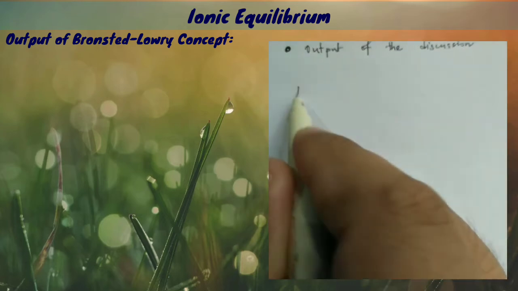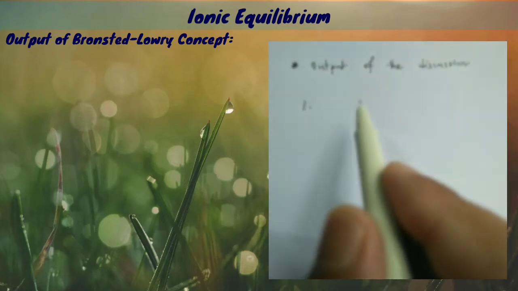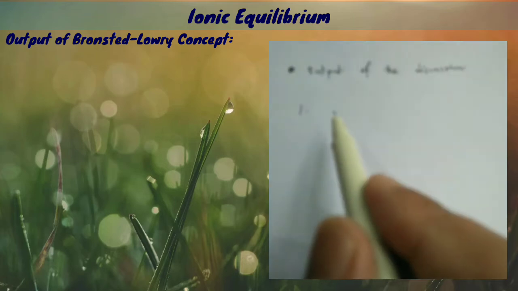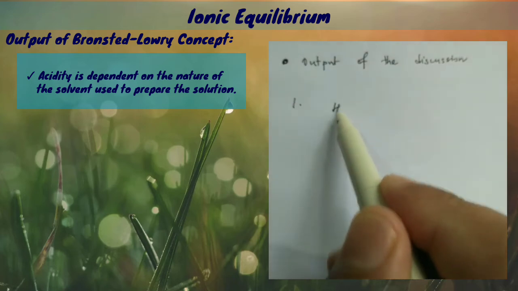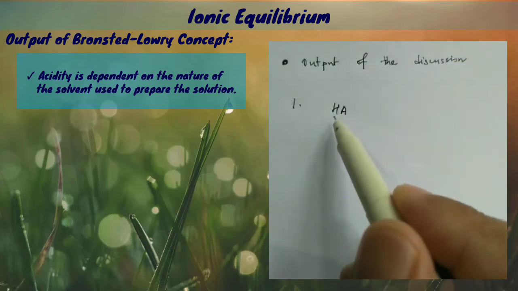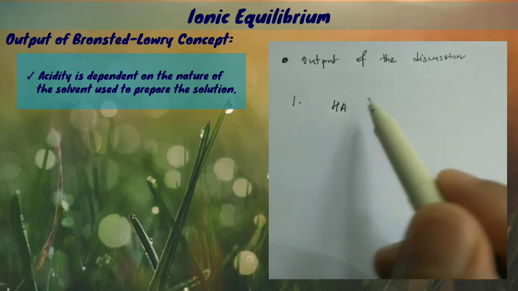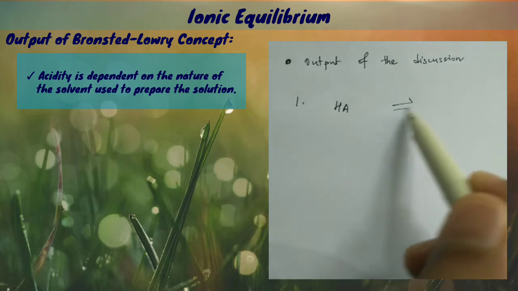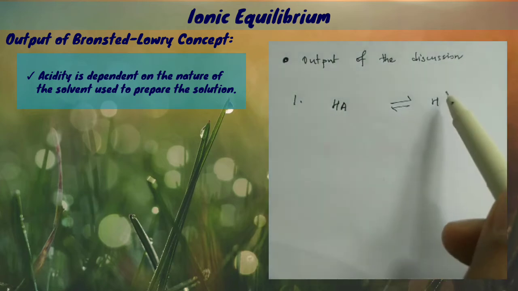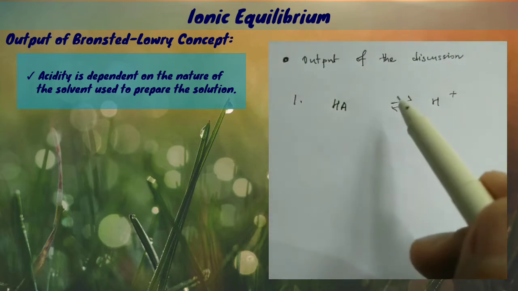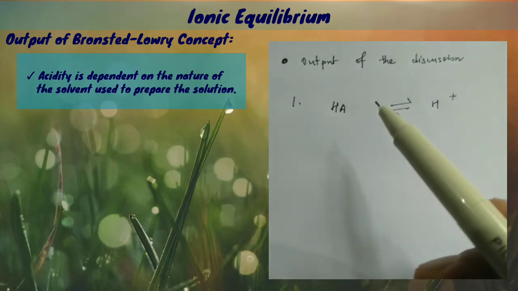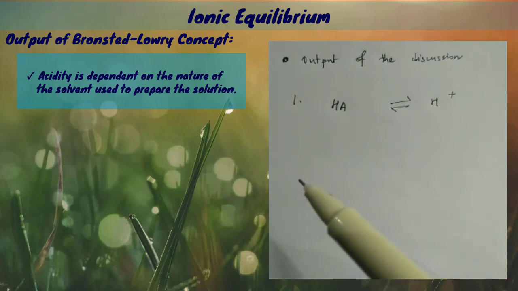The first is that, according to the Bronsted and Lowry concept, an acid is a substance which can donate a proton to another substance, and a base is a substance which can accept that proton.